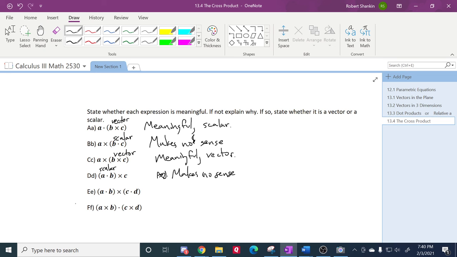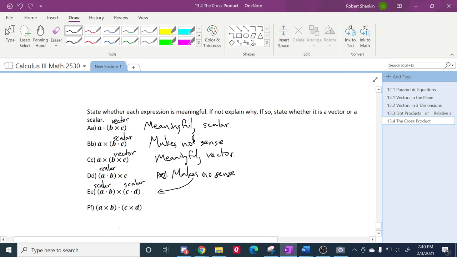Go ahead and hit enter. Group 2, what about E? That does not work since we'll be taking the cross product of two scalars. That also is true there.